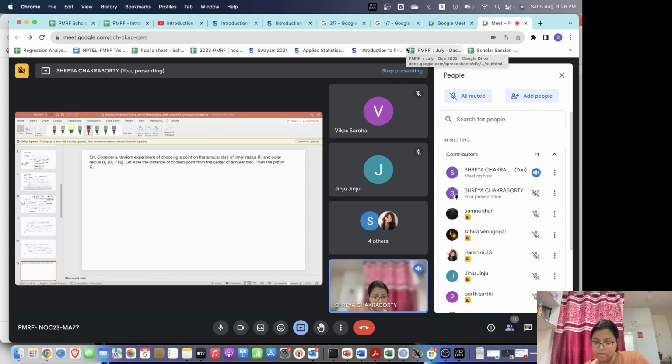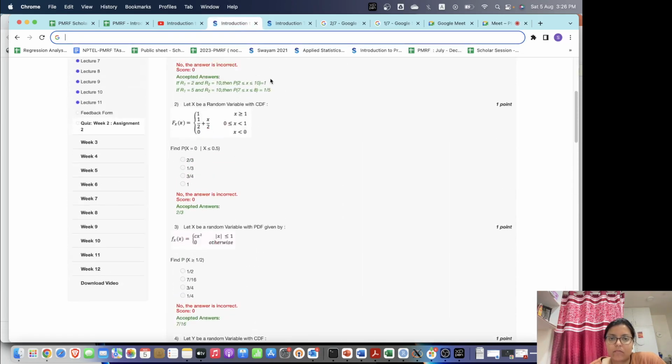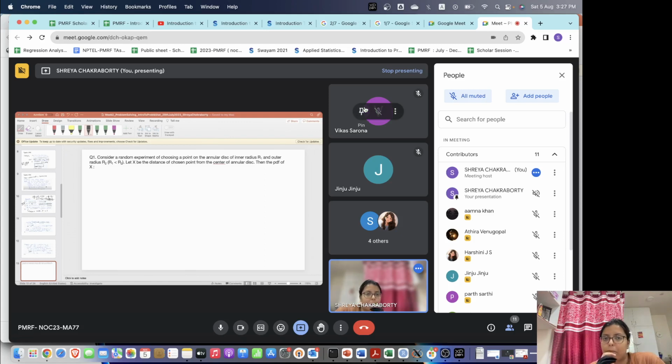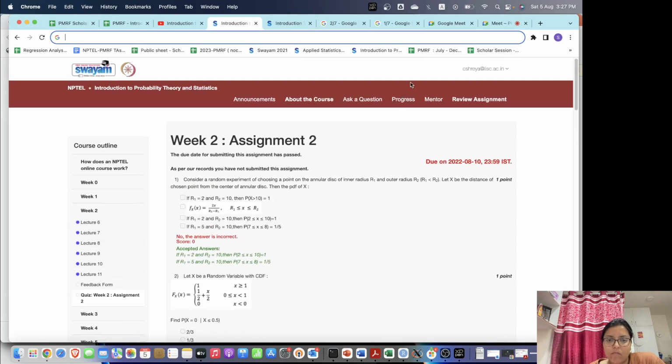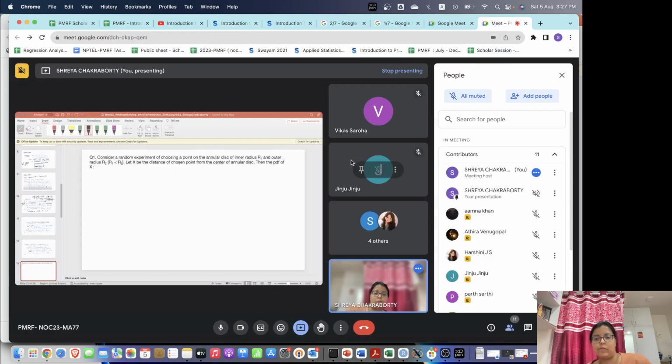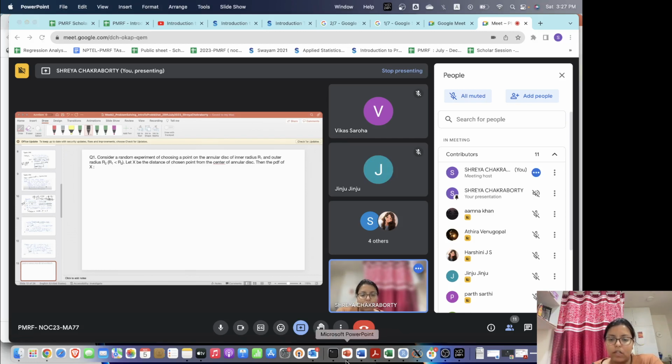So if this is the setup, then what will be the PDF f_X? Any idea how to proceed?